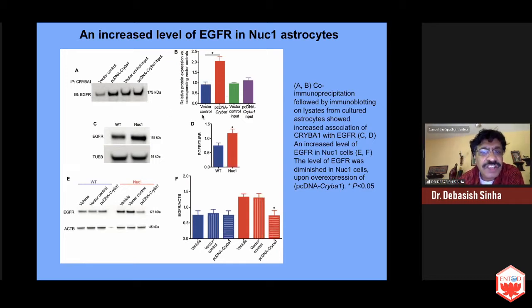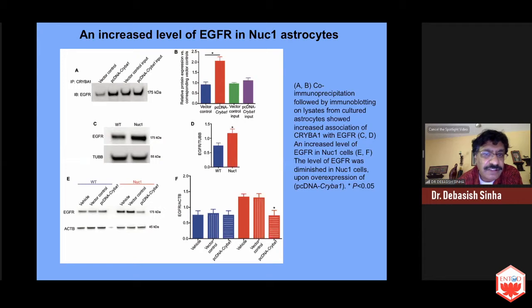What we did is that we looked into proteins that interact with beta A3/A1 crystallin. One of the proteins that was of interest to us that it bound to was EGFR. EGFR, as you know, plays a very important role in endocytosis in many of these cells.